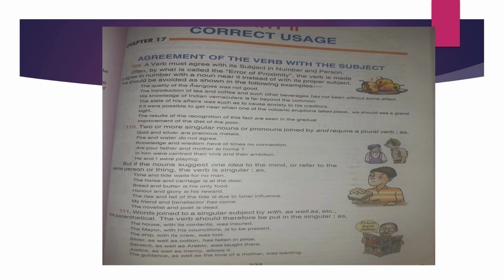Justice as well as mercy allows it. Over here again as well as is used to join justice and mercy. That's why we are using the singular verb allows. The guidance as well as the love of a mother was wanting. Over here as well as is mentioned, so that's why we have used was, not were.